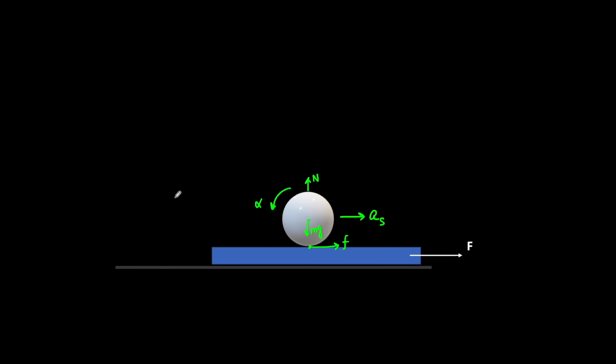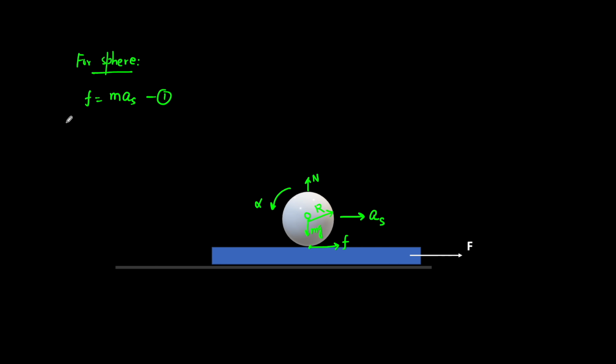Now if I write the equation of force for the sphere, I can write that f is equal to mass times the acceleration of the center of mass of the sphere. Suppose this is equation number 1. And if I write the equation of torque about the center of mass, that is, about point O, you know that the radius of the sphere is r.